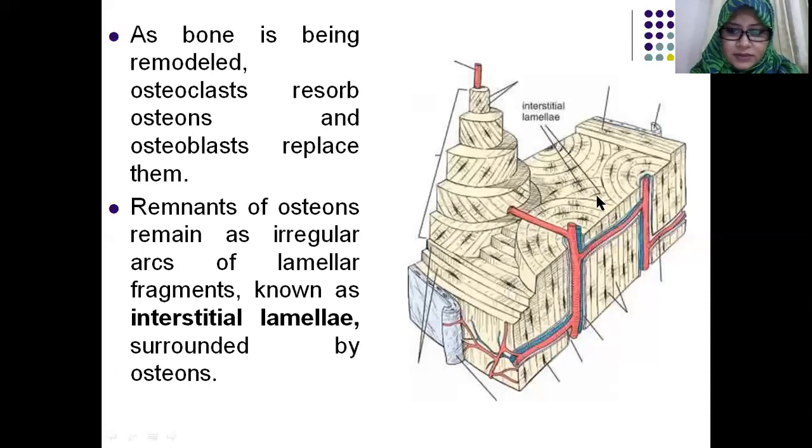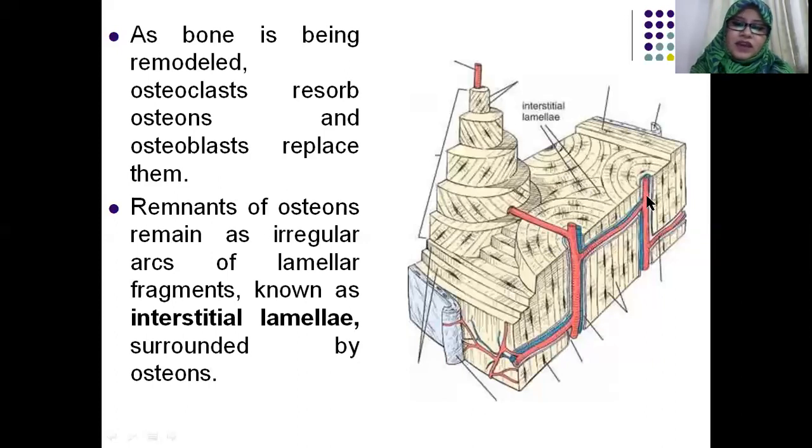During this process, some osteons are resorbed by the osteoclasts, but some parts of the osteons, that is some lamellae, persist. These lamellae are known as interstitial lamellae that lie in between the Haversian systems, and they do not encircle the Haversian canal completely.